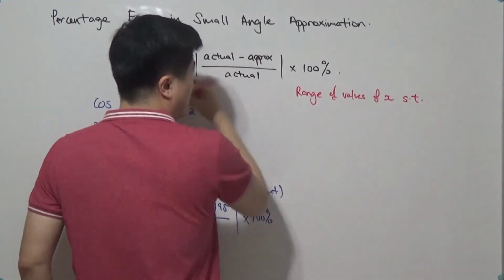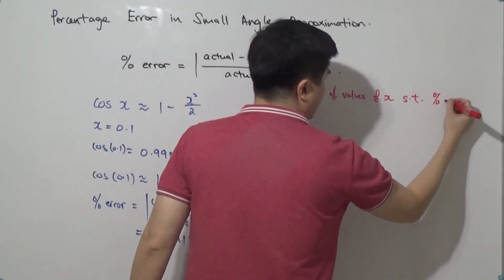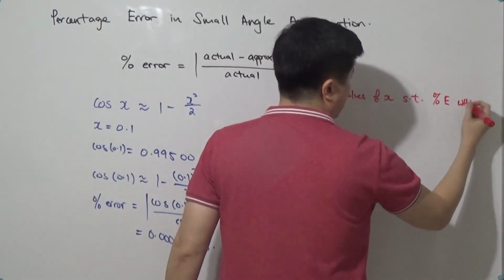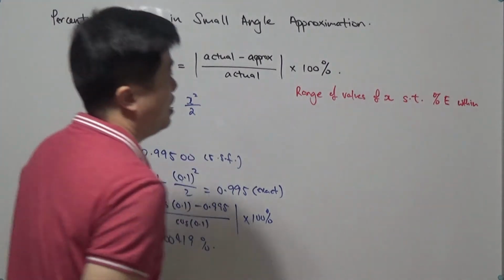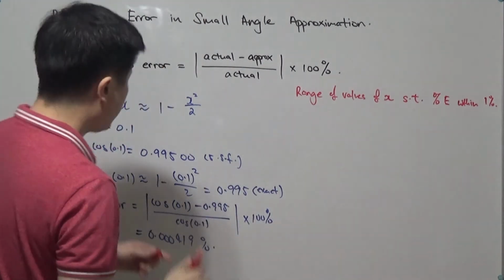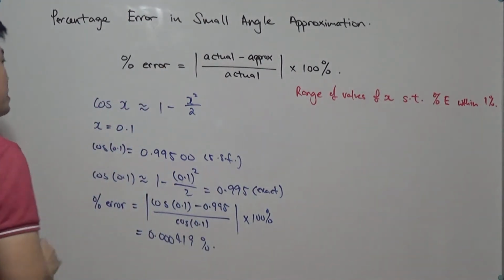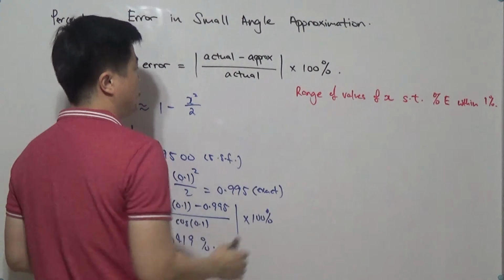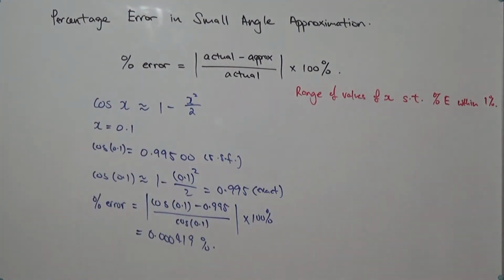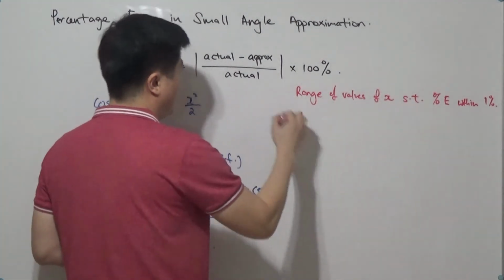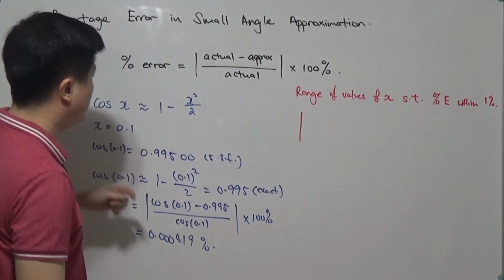our percentage error, which I'm just going to call capital E, is within, say, 1%? In that case, sometimes we can work this out using the formula over here. We know the actual value, let's put the modulus down, is none other than cosine x.